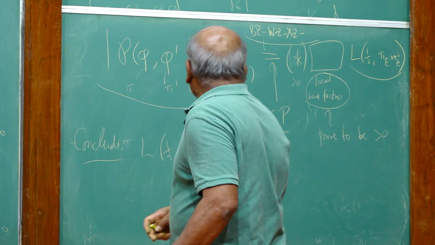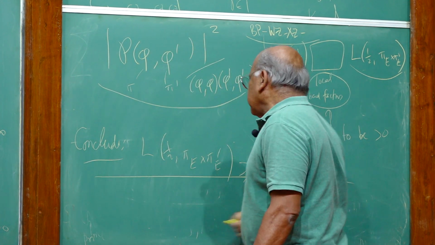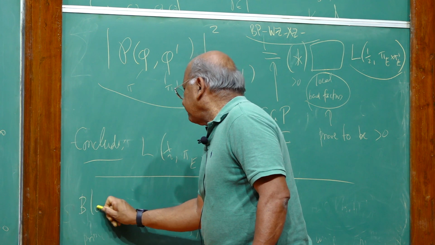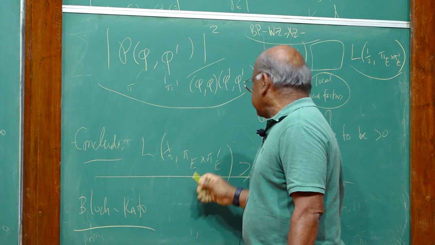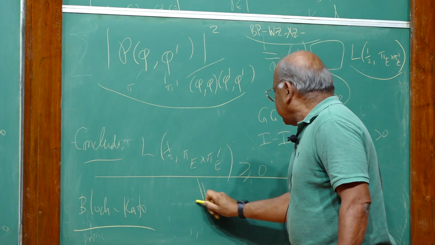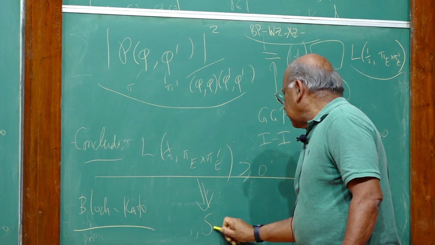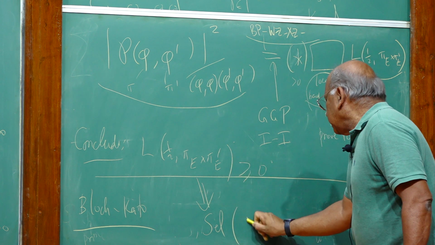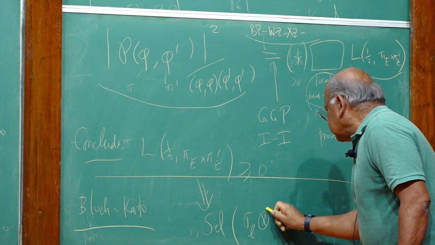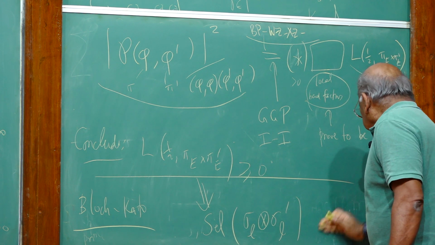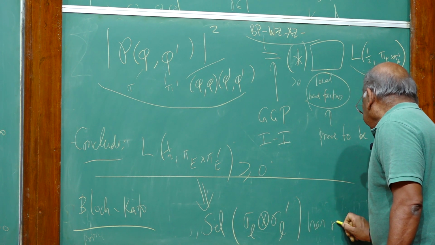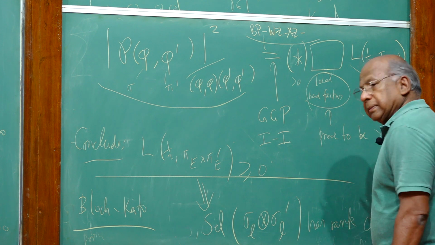And the other thing I wanted to say is that the Bloch-Kato conjectures say that when this function is non-zero, this implies that a certain Selmer group associated with some Galois representation you attach to this has rank 0.